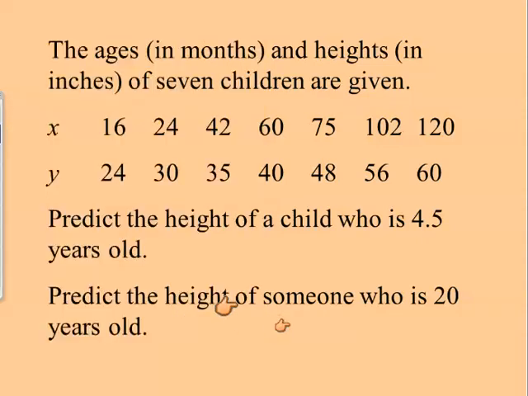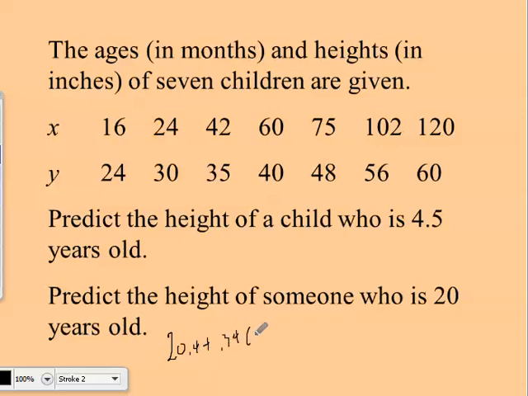Well, we could put that in right here: 20.4 plus 0.34 times, let's see, 20 times 12 is 240. 240 times 0.34 plus 20.4 gives me 102 inches.